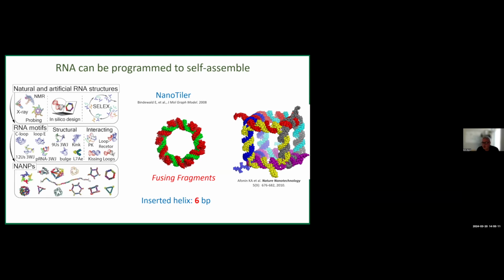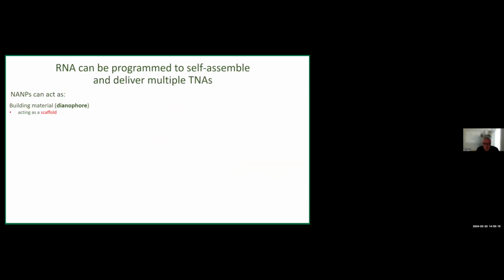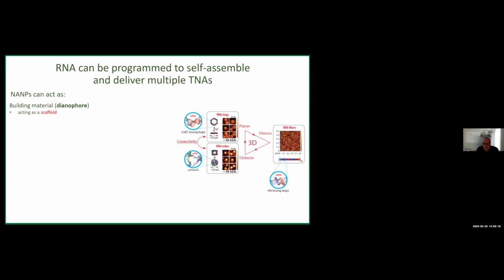By using those two approaches, we can create a plethora of different nucleic acid nanoparticles, or NANPs. Once the appropriate dynaphore NANP is selected, we can add different therapeutic nucleic acids to define the pharmacophore function of the formulation.